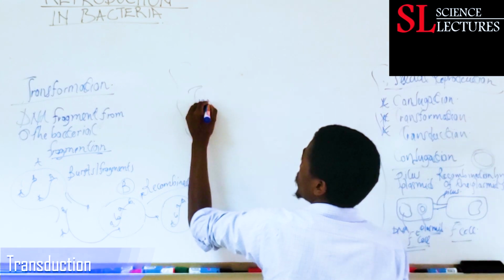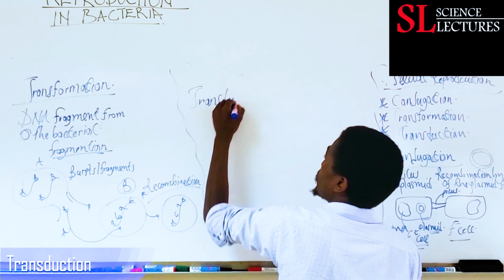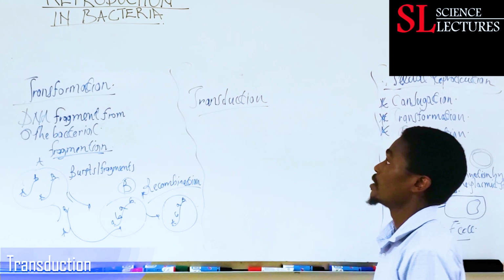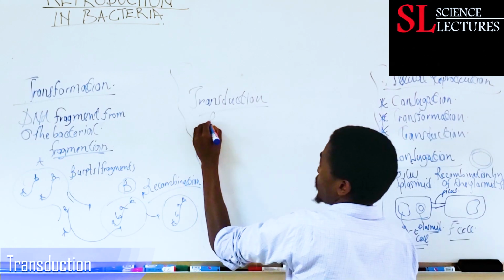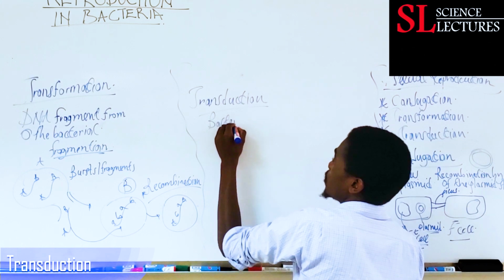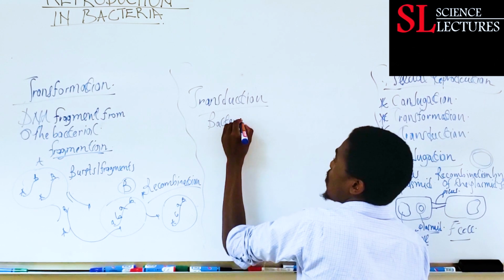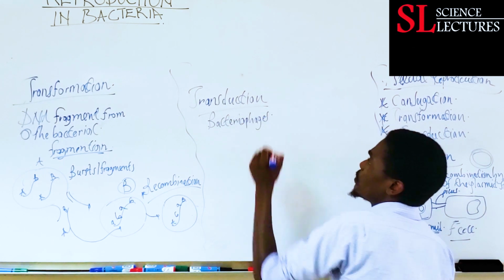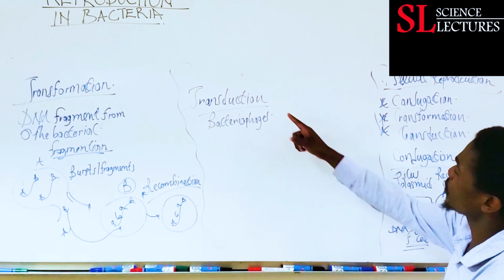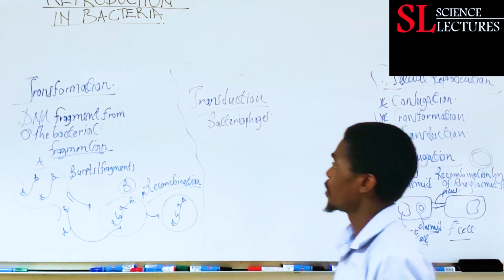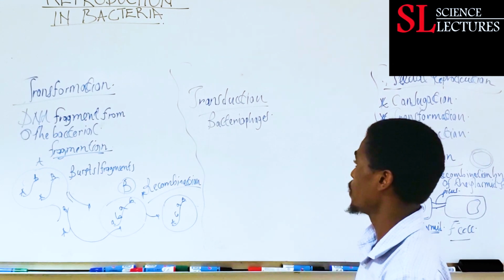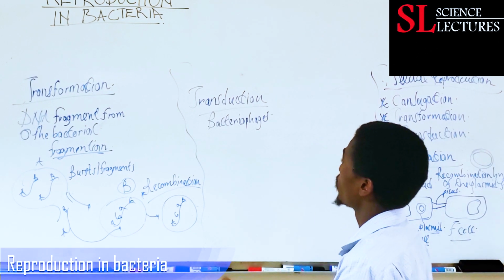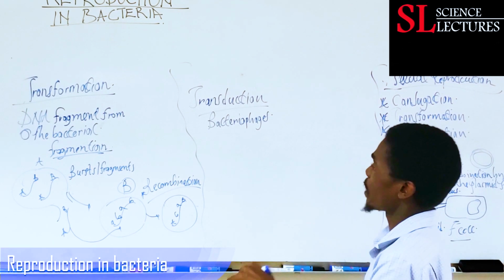So we have transduction. In transduction, we use what we call bacteriophages. The key components here are bacteriophages. What will happen in transduction is that the bacteriophage will pick genetic material, DNA, from a specific bacteria, then put that DNA into another bacteria.